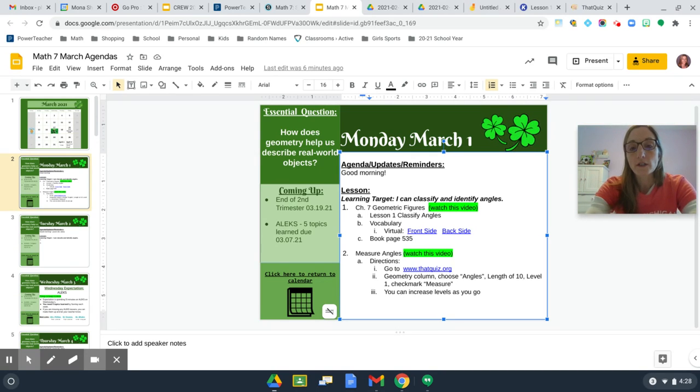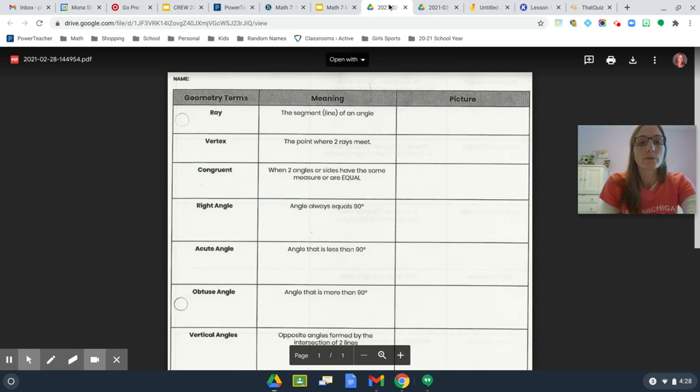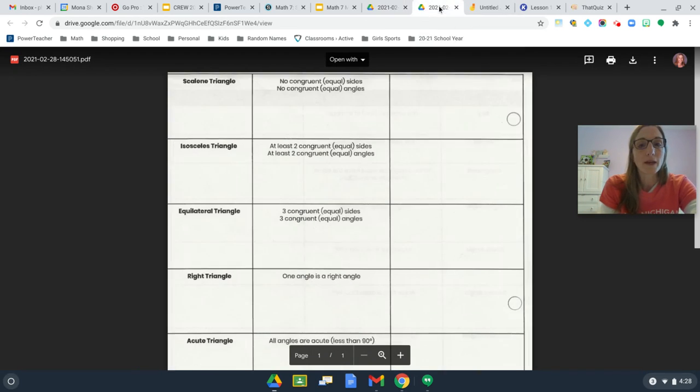We're going to start today with some vocabulary. Your crew teachers have the handouts in their mailboxes. They should have received those this morning, and they look like this. There's the first side. It's a 2-sided worksheet, and the back side. We're not going to do all of these today. We're going to start some of them that go with lesson 1.